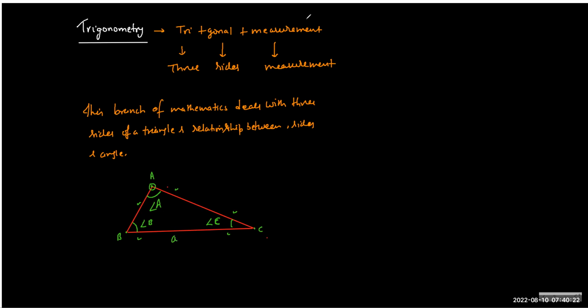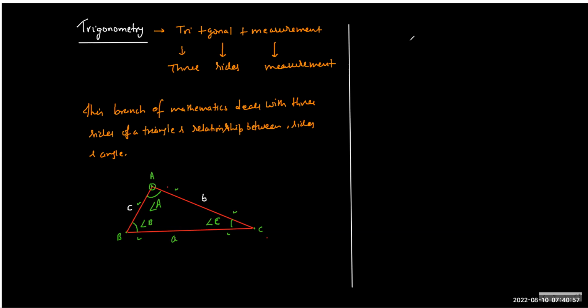This is the length of the side, and this is called small b, the length of the side, and this is called small c, the length of the side. In most writing, we drop the angle symbol and write the letter for the angle. So if I want to write only angle A, I will just write A. If there is an ambiguity, then we put this sign. If it is obvious that A represents an angle, we can remove the sign. So that's not an issue.